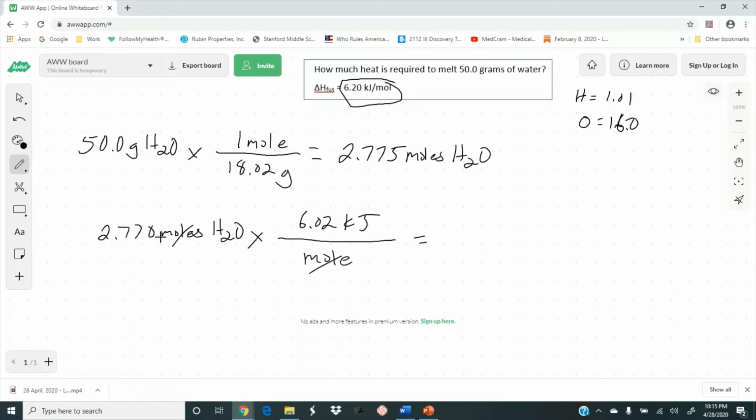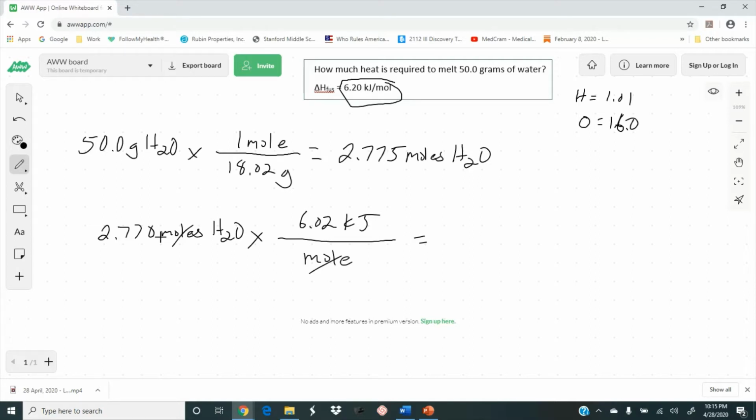By the way, if you think 6.02 sounds like a familiar number, that is the coefficient from Avogadro's number, so we've been using that a lot. It turns out there's no relationship between this 6.02 and Avogadro's 6.02. It just so happens by coincidence that they're the same. Right?